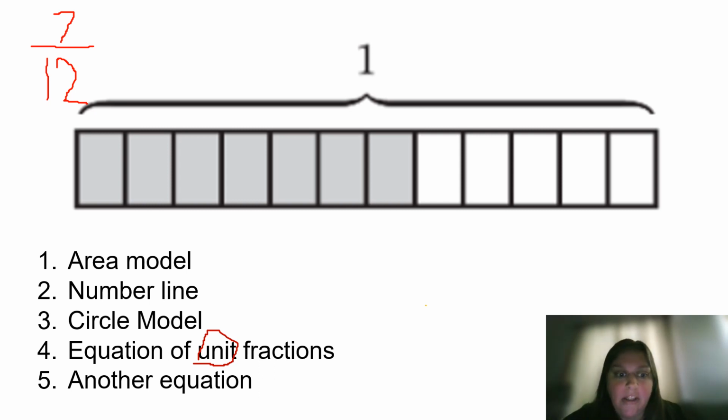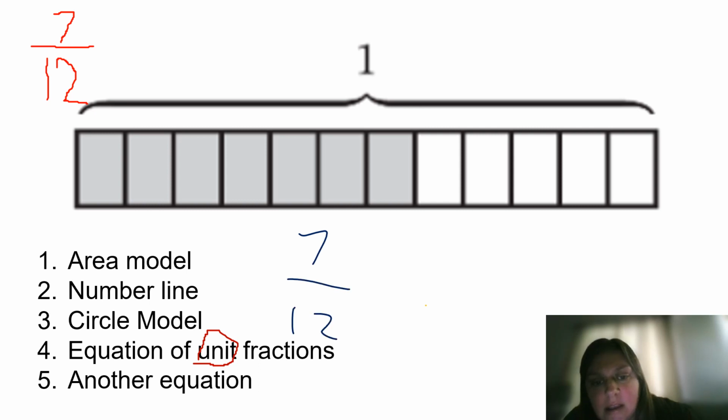So if we've done an equation using unit fractions, now we can represent 7 twelfths by decomposing 7 twelfths into a sum of any fractions. So I might choose that 7 twelfths equals 5 twelfths plus 2 twelfths.